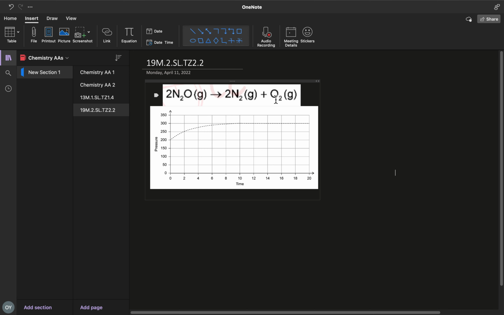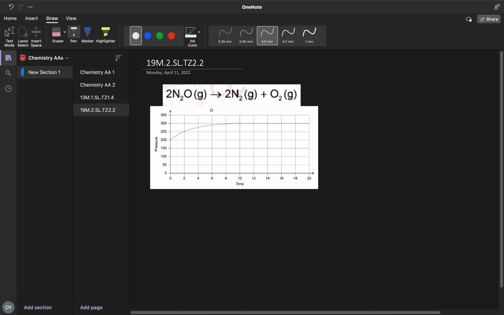The reaction can be followed by measuring the change in total pressure at constant volume with time, and this is the graph right here. The x-axis and y-axis are shown with arbitrary units. Explain why, as the reaction proceeds, the pressure increases by the amount shown. As you can see here, the pressure starts off at 200 and it goes up to 300.